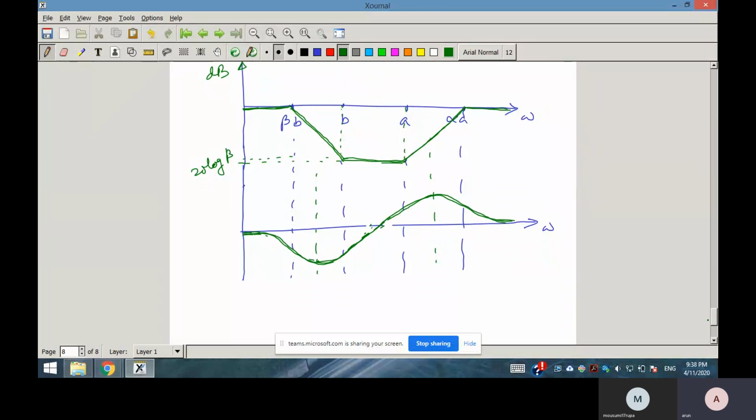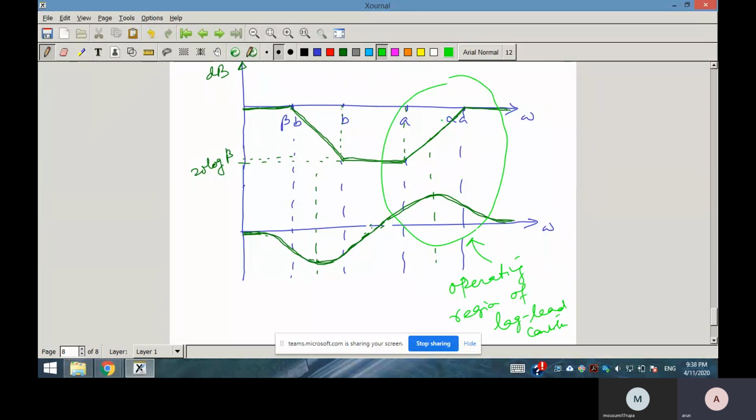In which range should it operate? This is the operating region of the lag-lead controller, because here you get gain attenuation as well as phase lead.